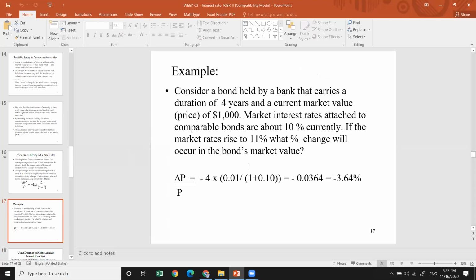So what do you do here? You just substitute everything. So duration is given. Percentage change is given in here, like 1% change from 10 to 11%. So you do these changes and you can see your percentage change in price in the market value of the bond is 3.64%.